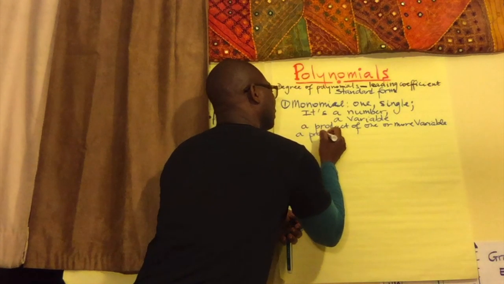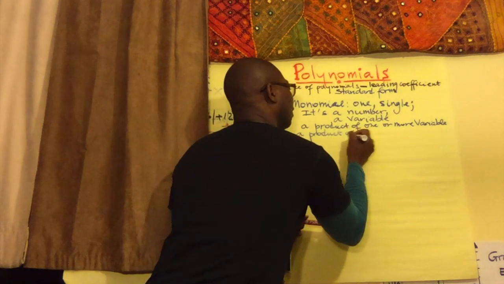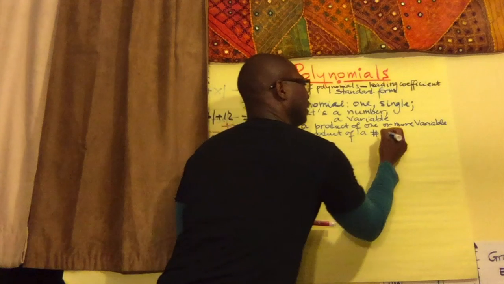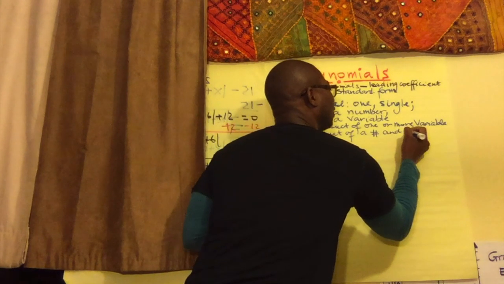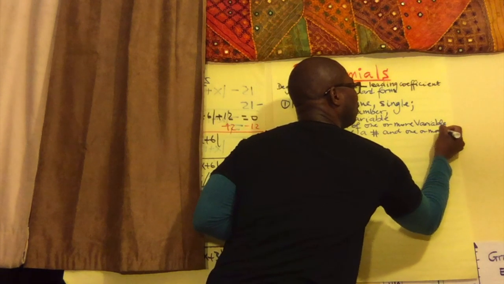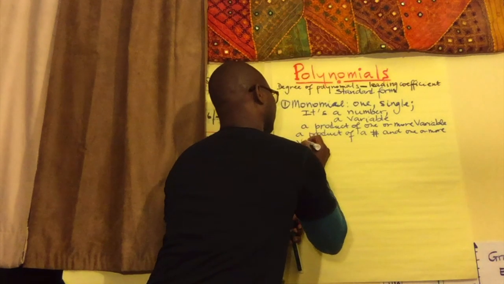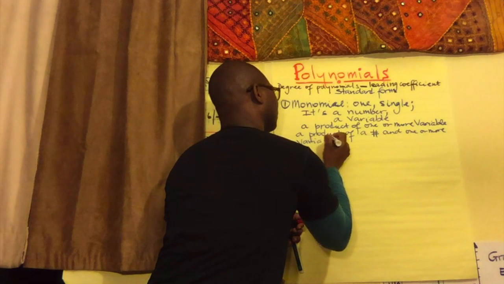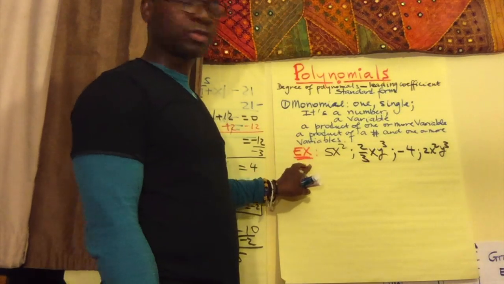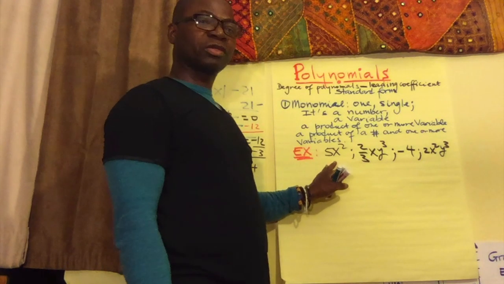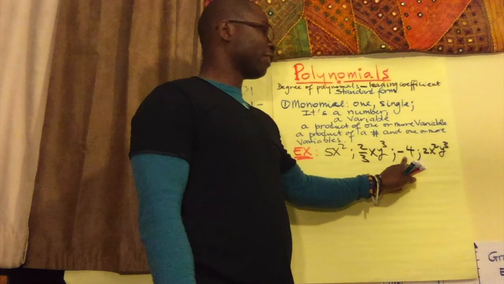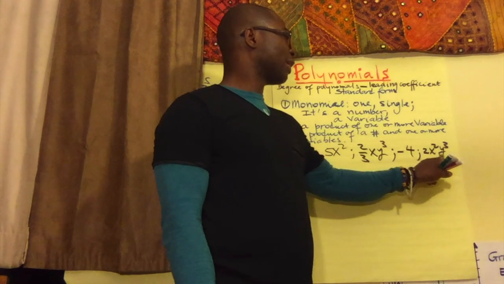The product of a number and one or more variables. Okay, so these are a few examples of monomials: 5x squared, 2/3 of x y cubed, -4, 2x squared y cubed.